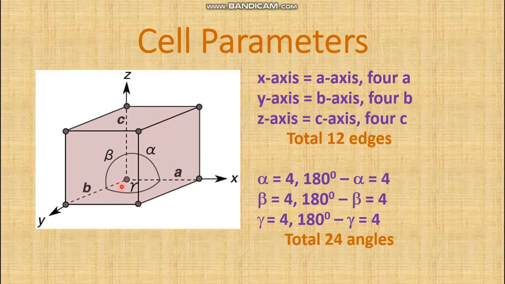Now each face has 4 angles. If this angle is alpha, then its opposite angle, this angle, is also same, because this is a rhombus. If not rhombus, this is a parallelogram. Okay, in general this is a parallelogram. Now if the edges are same, then it is a rhombus.